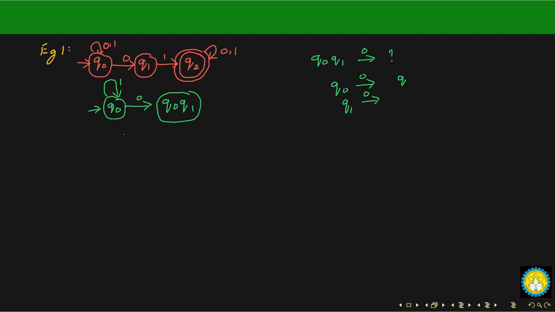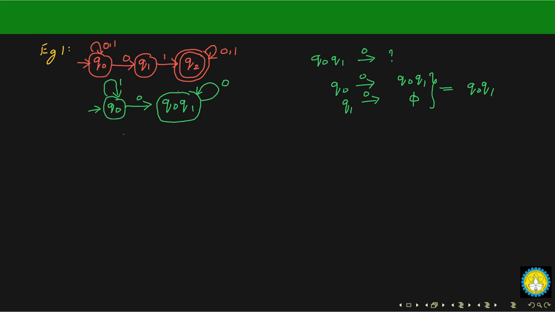It's Q0 Q1 itself. And what about Q1 on 0? Here Q1 on 0 is actually not defined. So Q1 on 0 is a null set. So once you combine this, you again get Q0 Q1. It means that Q0 Q1's transition on 0 goes to itself.